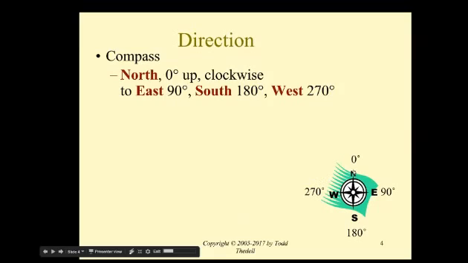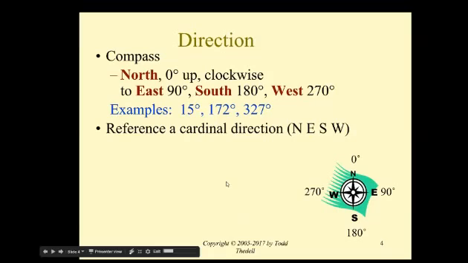Back to 360 and 0 are pointing in exactly the same direction. For example, by a compass, we might represent a vector as 15 degrees, which would point off to about this direction, 172 degrees, which would be down in here, and then 327 would be all the way around up into this direction.